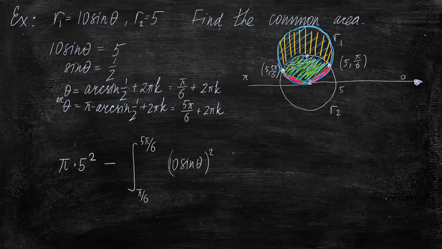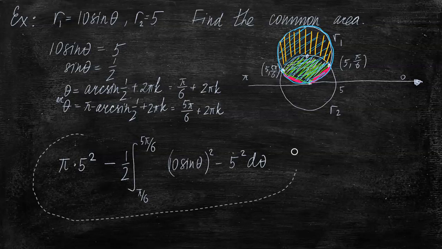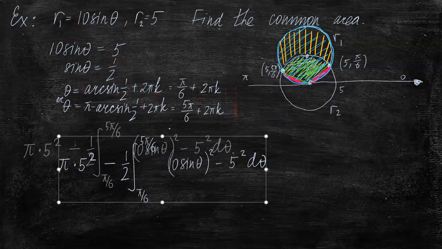So we're going to square it and subtract the internal curve, which is 5 squared, and all that will have 1/2 outside. And this is going to give us the common area. So let's set this up.